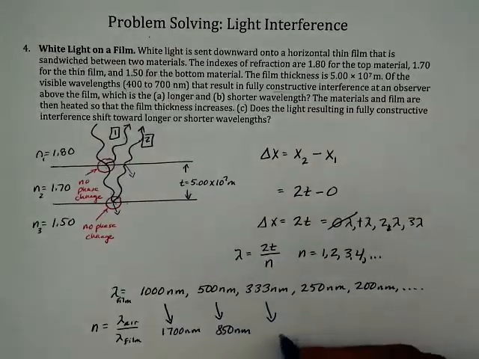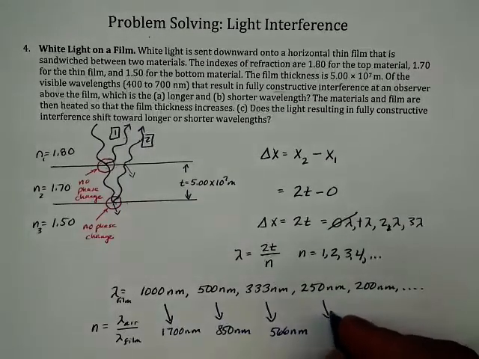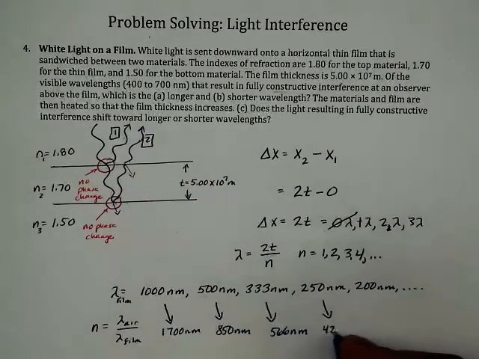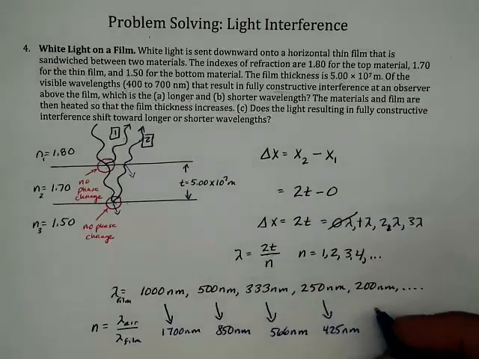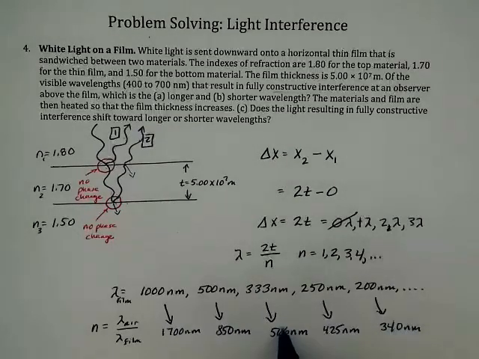But 333 times 1.7 is 566 nanometers. 250 times 1.7 is 425 nanometers. 200 times 1.7 is 340 nanometers.